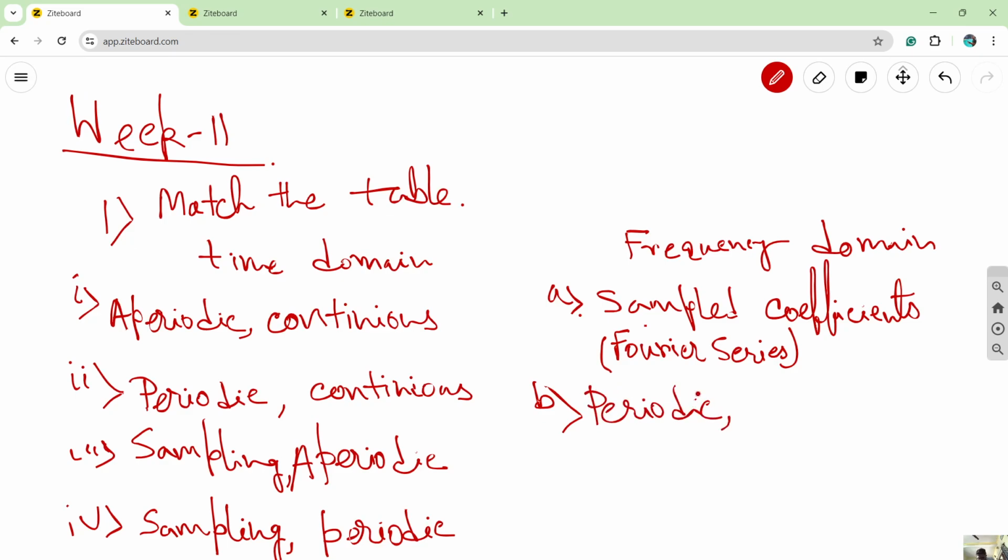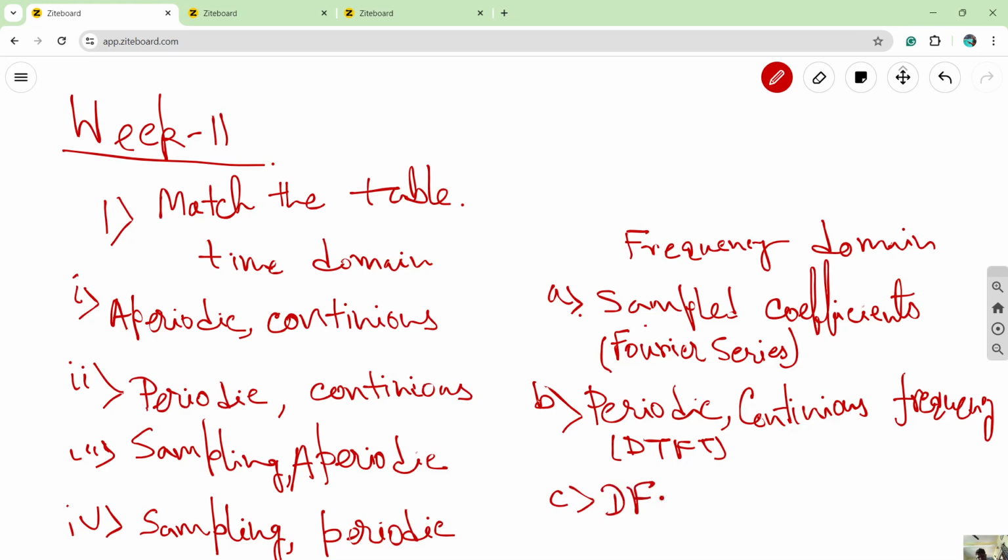Periodic, continuous frequency, that is DTFT. Option C is DFT and D is aperiodic and continuous. So we have to find which corresponds to what in the time domain and frequency domain.